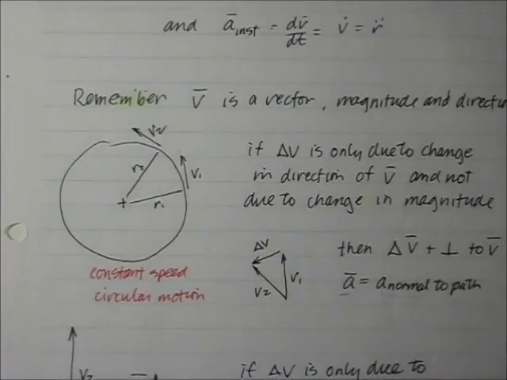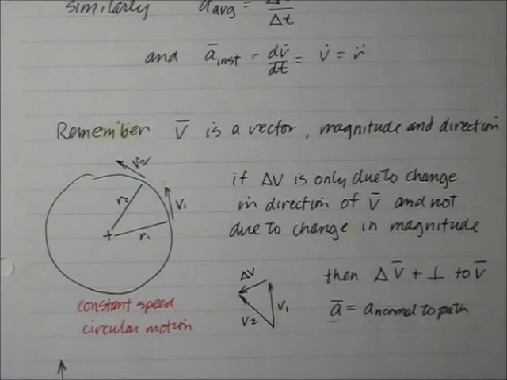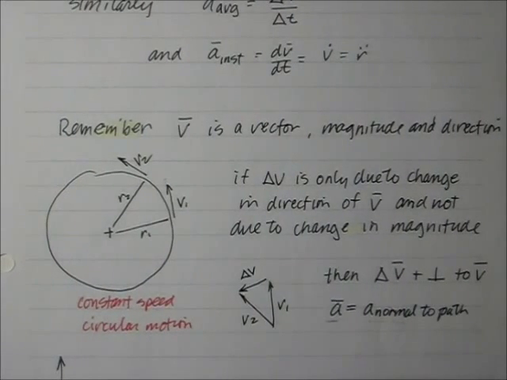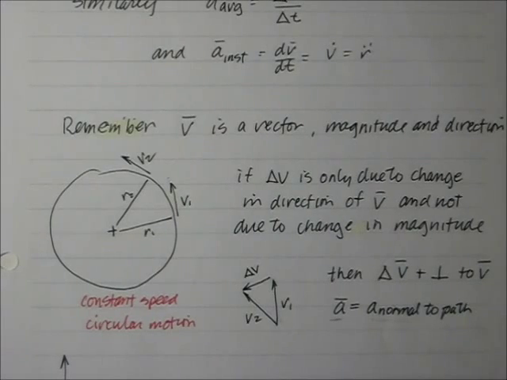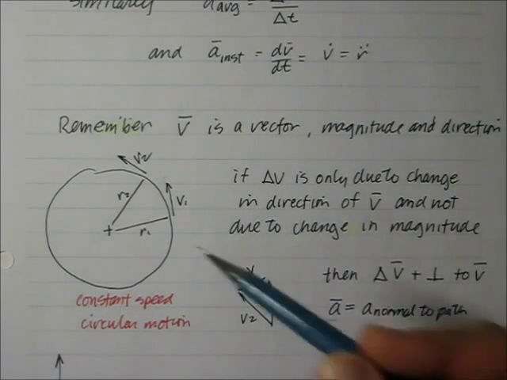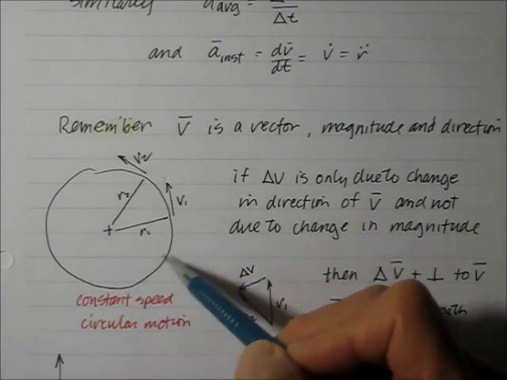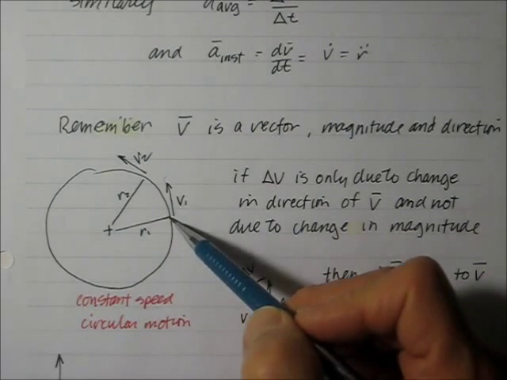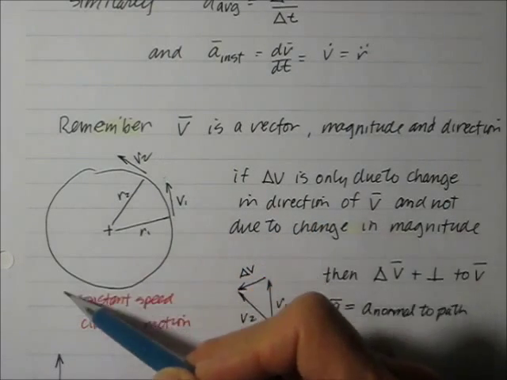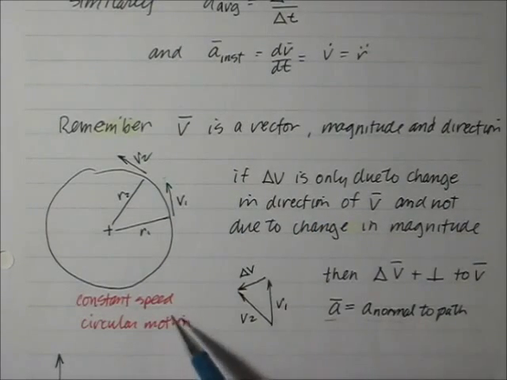Okay, let's talk a little more about velocity. So remember that velocity is a vector. It has both magnitude and direction. To talk a little bit more about how this would work, imagine that we've got a circular path now, and the particle is traveling along the circular path with constant speed.